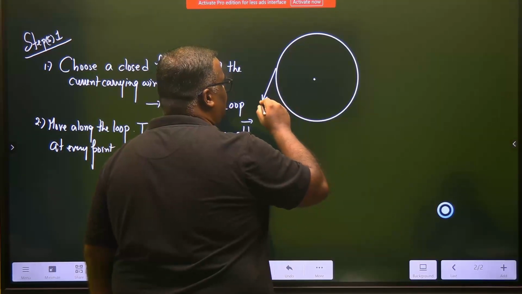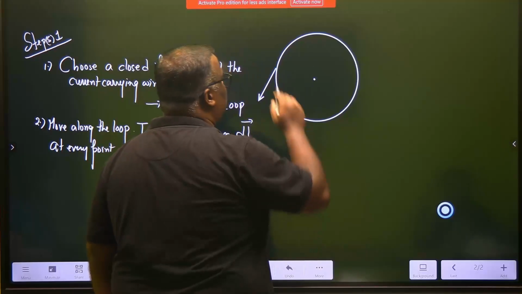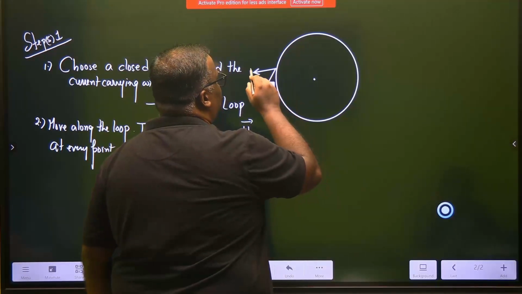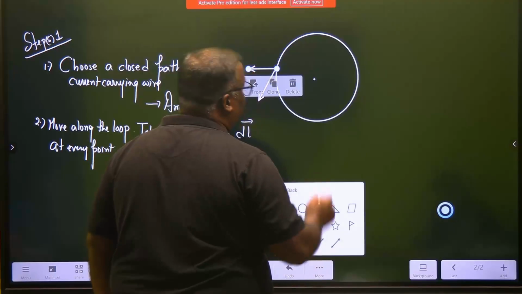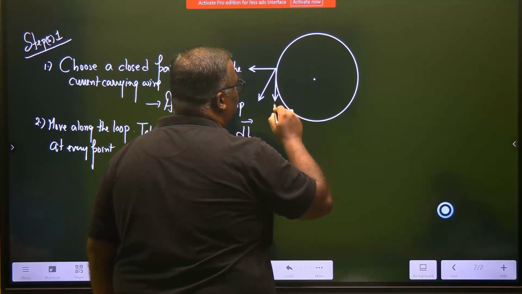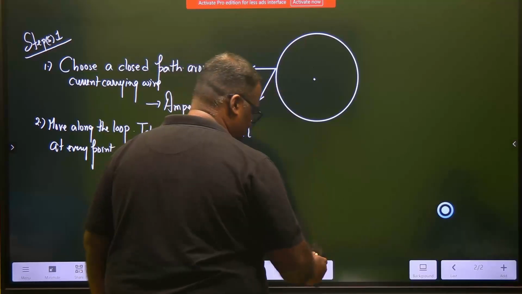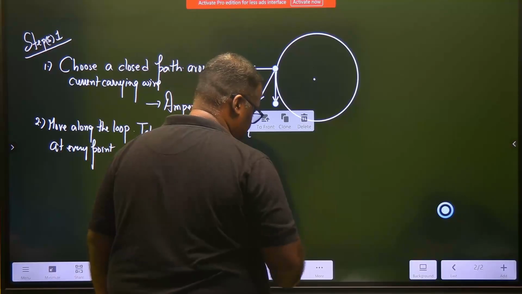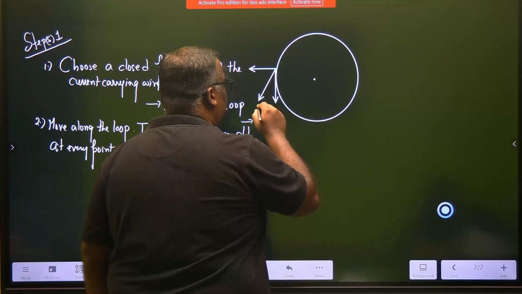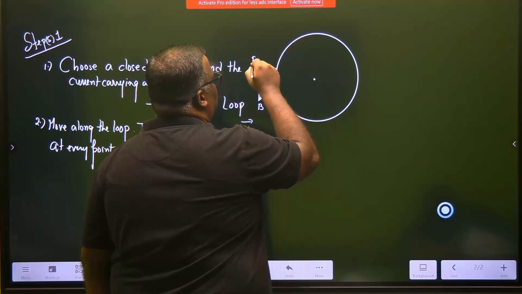This can be broken down into two components, one along this direction and one along this direction. Is this understood? So say this is the magnetic field, this is the B horizontal, and this is the B perpendicular.